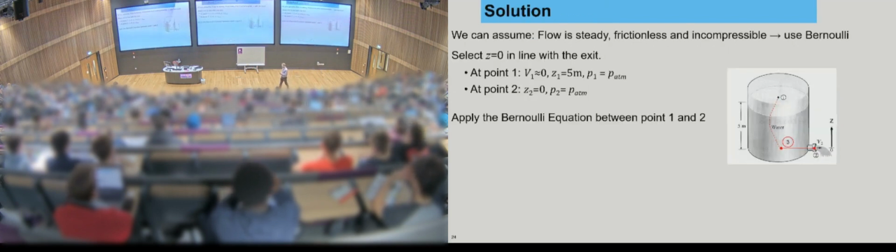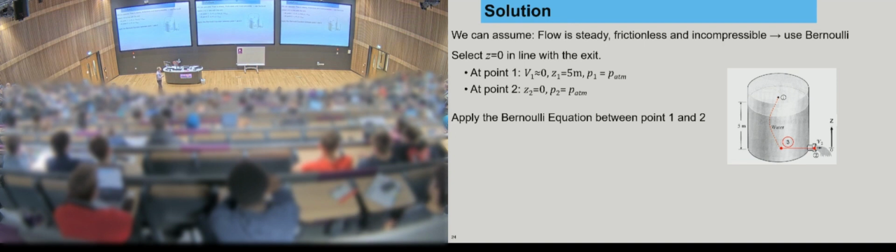Okay, so in this particular case, we can assume the flow is steady, frictionless, and incompressible. So again, we can use the Bernoulli equation. We're going to put our reference point for our height, z, at the level of the tap because that makes our analysis easy.